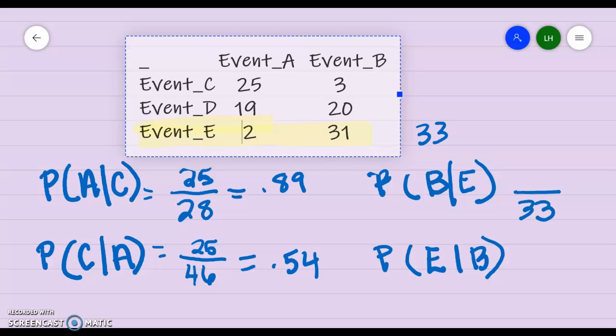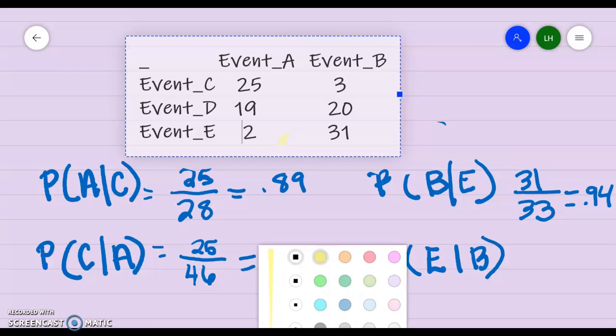And of those outcomes, 31 of those are B. So you would do 31 divided by 33. That's 0.94, so there's a 94% chance of that happening. That's a high probability.